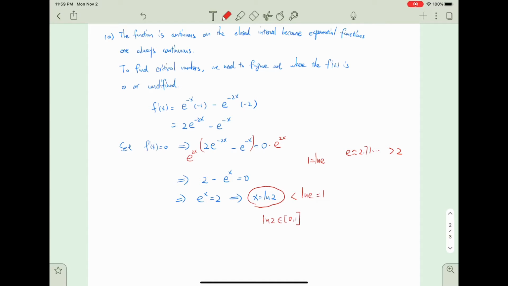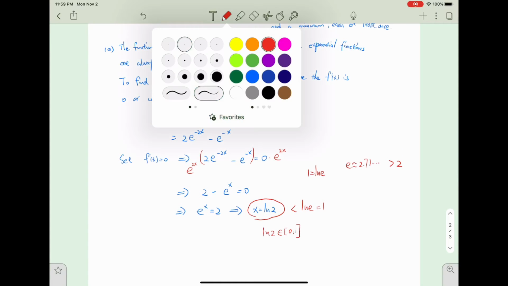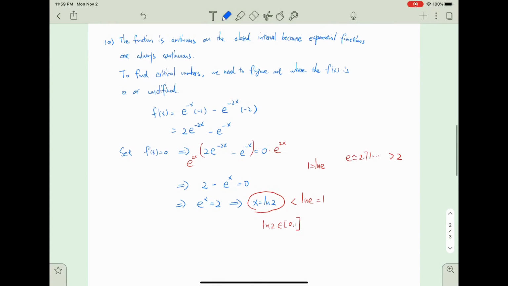And it is the only critical number where the derivative is equal to 0. Are there any other critical numbers? Because we know the other type is when the derivative is undefined. There are no such critical numbers because this derivative is always defined.